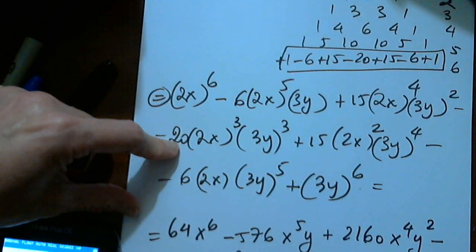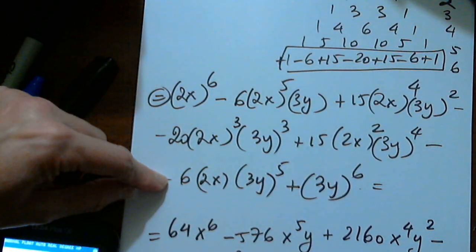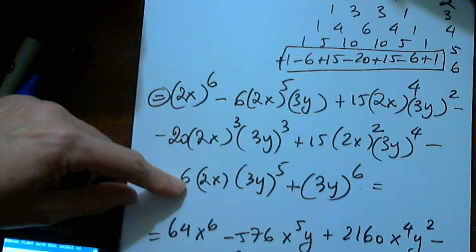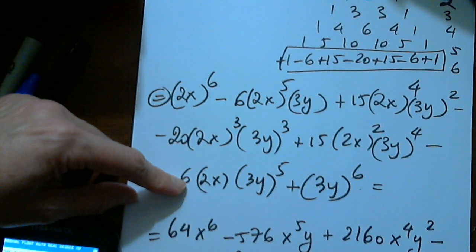Okay, 4860 x squared y to the 4th, minus I have 6 times 2, which is 12, times 3 to the 5th. Okay, I got 2916 x y to the 5th. And finally 3 to the 6th, which is positive 729 y to the 6th.